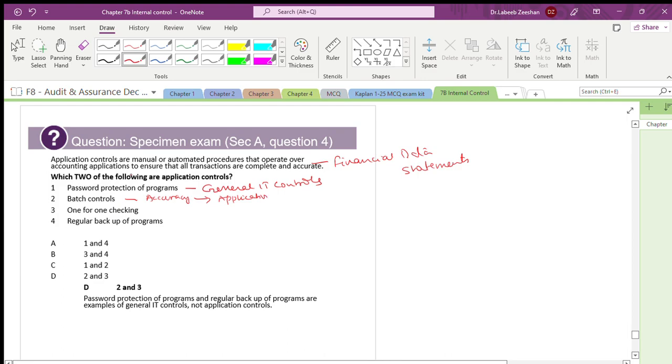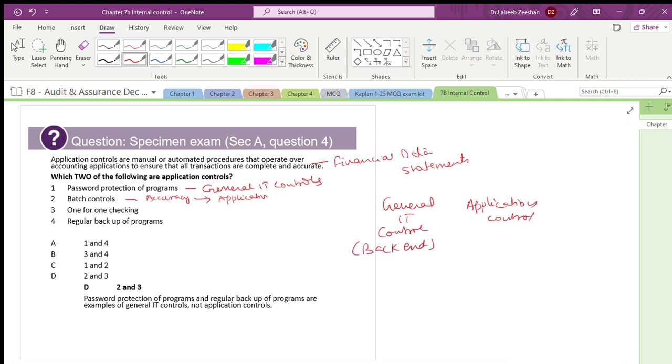See, what is the difference? As simple as that. I will make it more clear. General IT controls and application controls. General IT controls are back end. Application controls are front end.